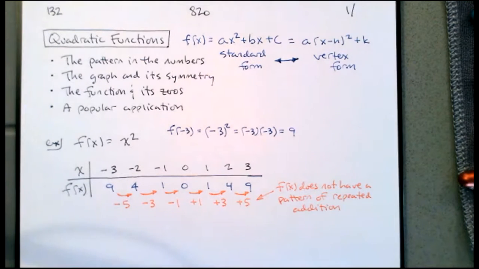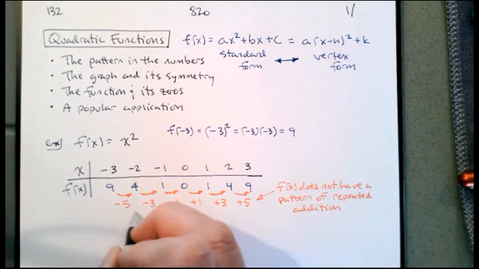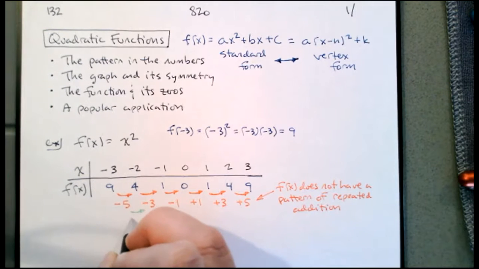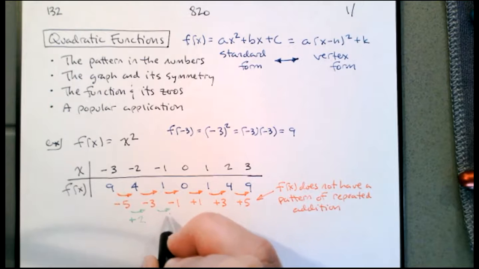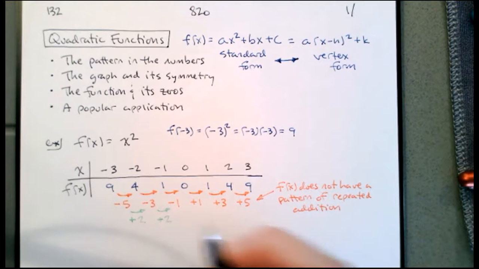This makes sense because the function is not linear. But if we look at the rate of change of f, that is a pattern of repeated addition. If we look at the next level, from -5 to -3, that's an increase of 2. From -3 to -1 is an increase of 2.